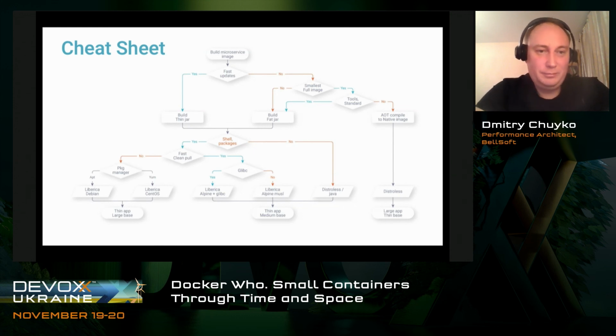And you can split your application into thin or fat deployment ways. Or if you select well-known operating system environments, you still can get the optimized JDK in terms of size, and still you can get small containers.